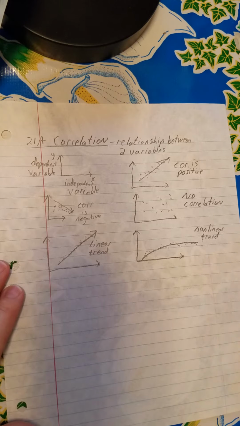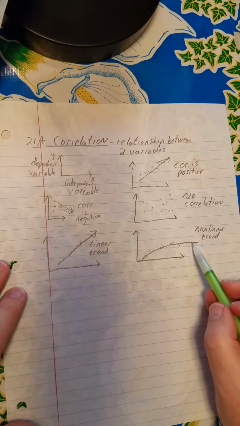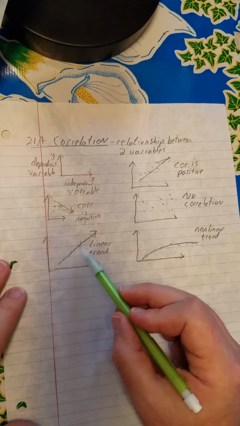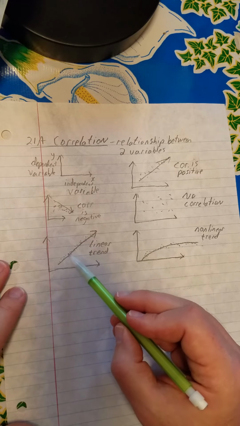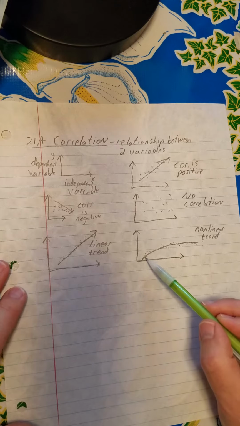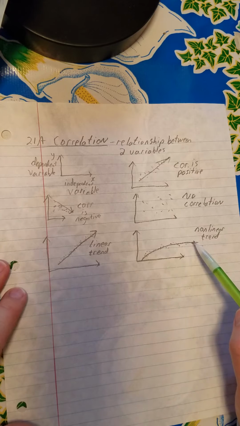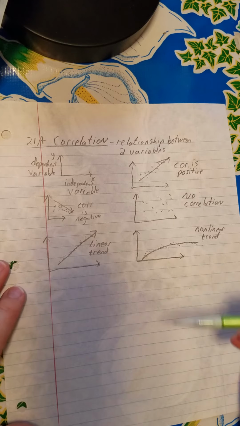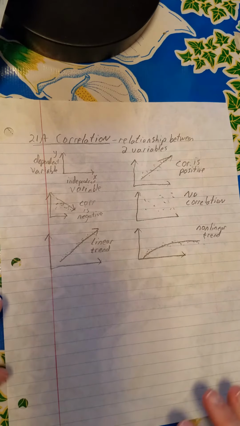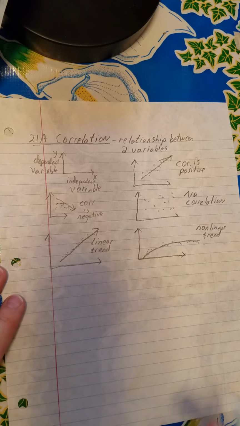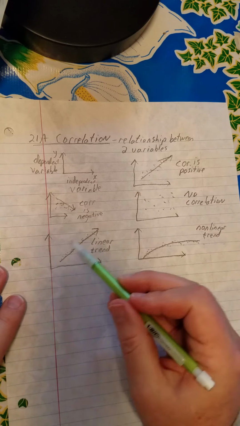In calculus, we will get into more different types of correlation. We pretty much stick to linear correlations in pre-calculus, but you can find the correlation of a logarithmic. So this looks like a logarithmic trend or a power trend. So there are 7 things that we test for in calculus, but in pre-calculus, we pretty much stay with the linear.